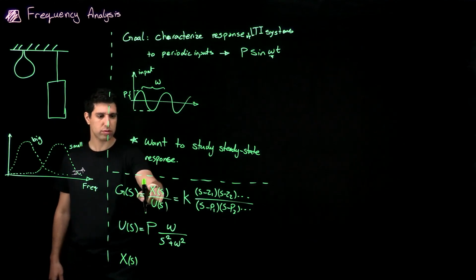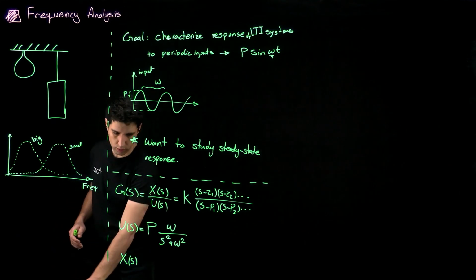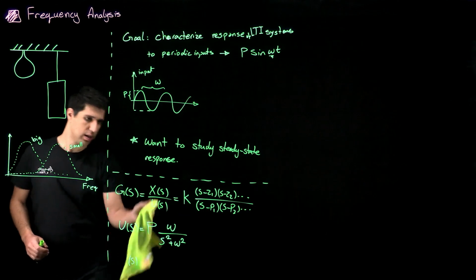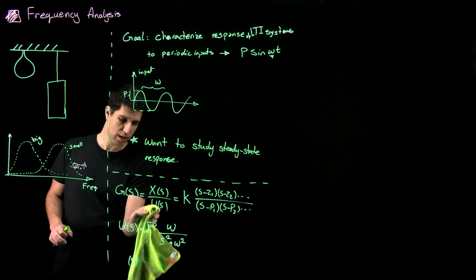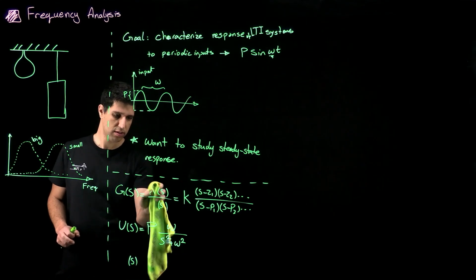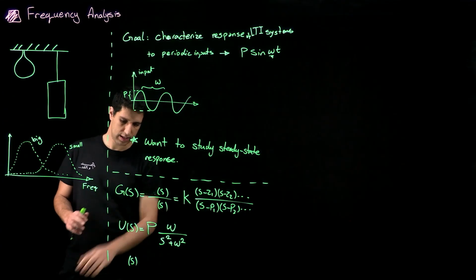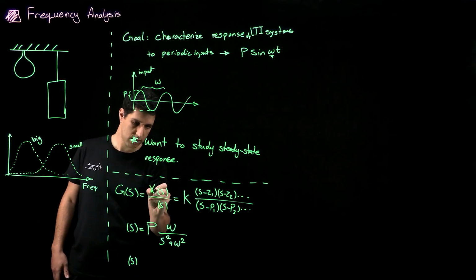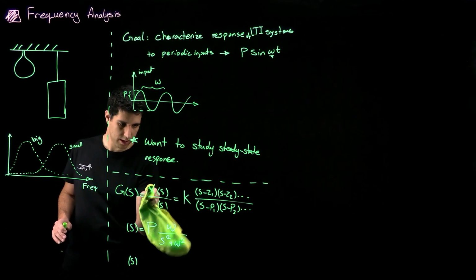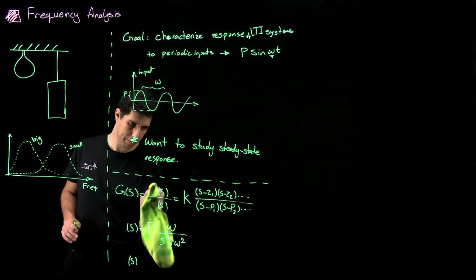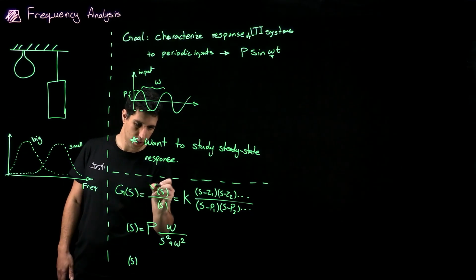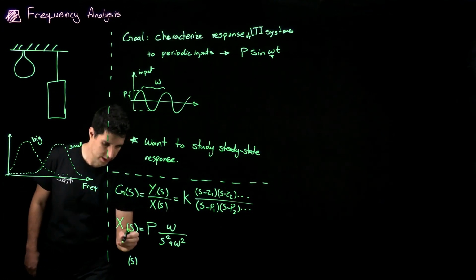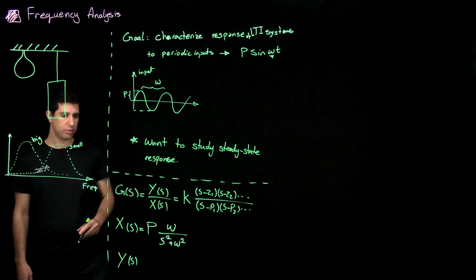Notations are confused. This could be y. Let me put y. Makes more sense. Yeah, let's do that. Let's call this, just to be nicer, X of s. Y of s over X of s. Maybe that's better. So input is x, and my output is Y of s.